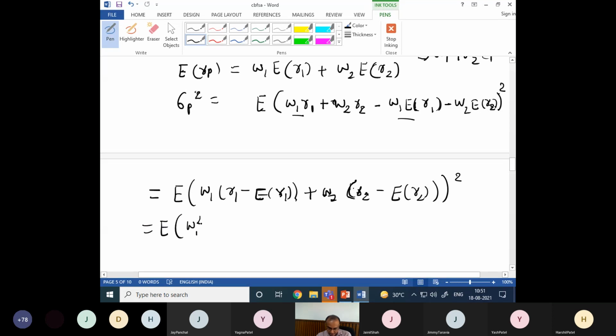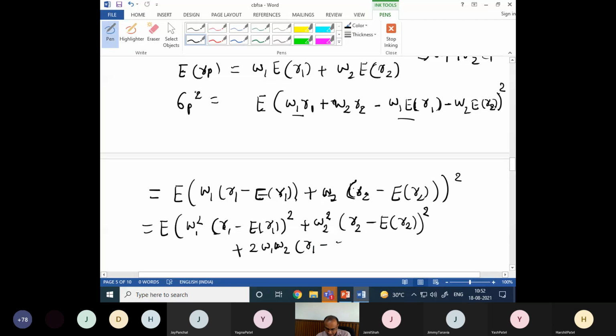So it is expected value of W1 square (R1 minus ER1) whole square plus W2 square (R2 minus ER2) whole square plus twice W1 W2 into (R1 minus ER1) into (R2 minus ER2), right? And bracket over.